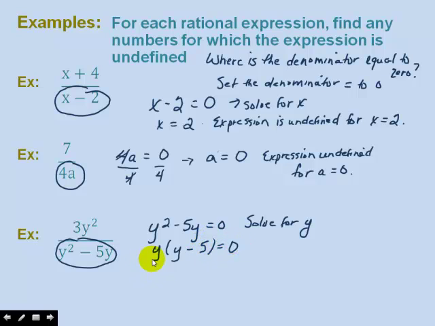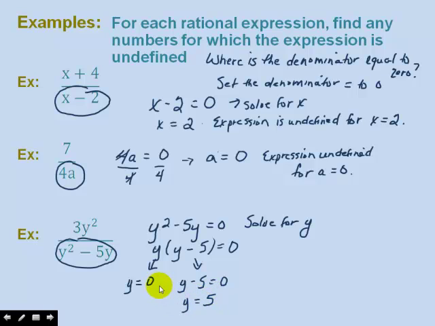And remember that if we have our left side split up into factors and our right side equal to 0, then we can take each of our two factors and set them equal to 0. That's going to give us two different solutions for this equation. So from this first one we just get y equal to 0. From the second one we have y minus 5 equals 0. And we need to do one more step to solve this one, and that is to add 5 to both sides.